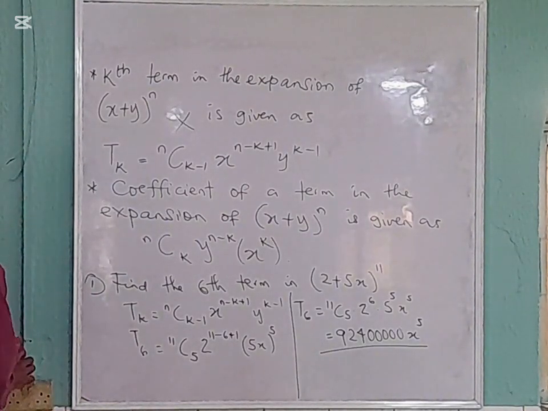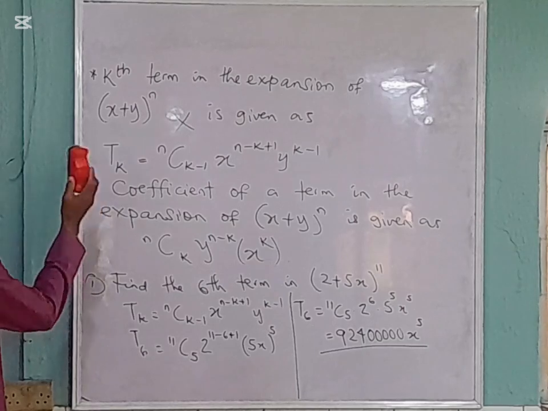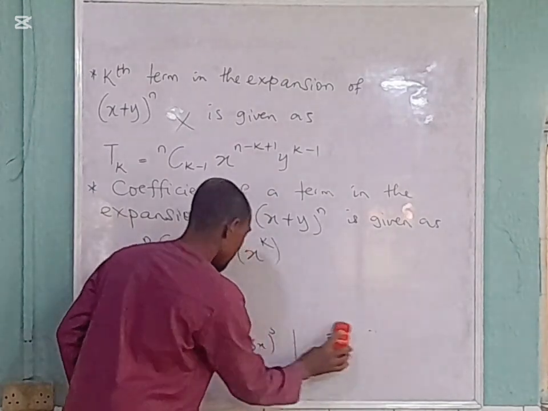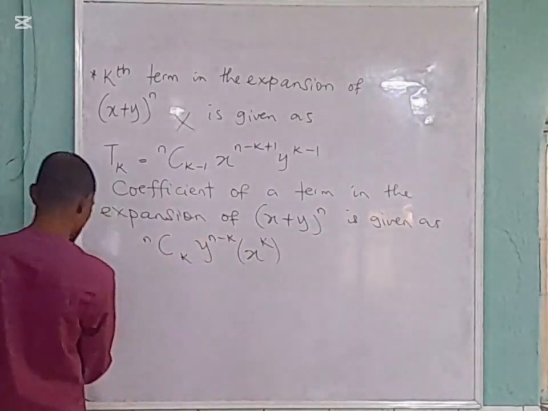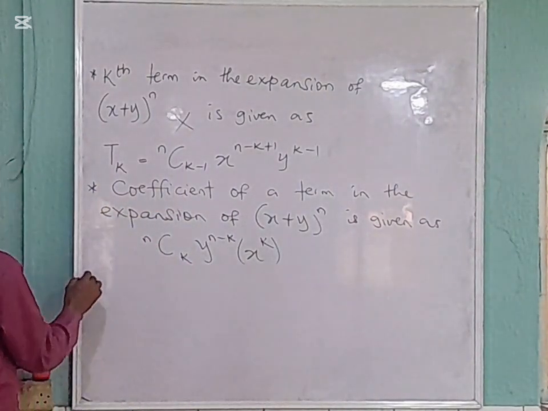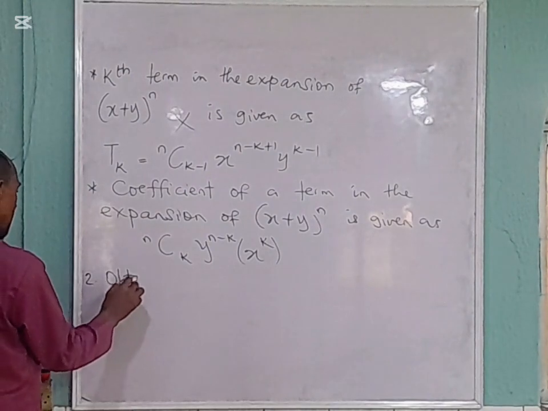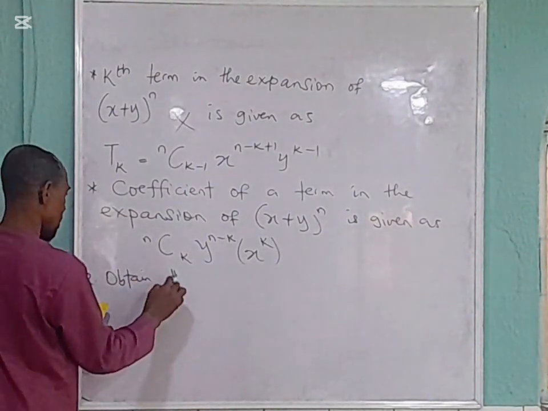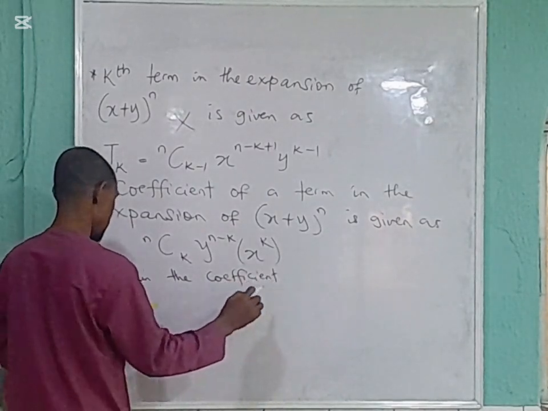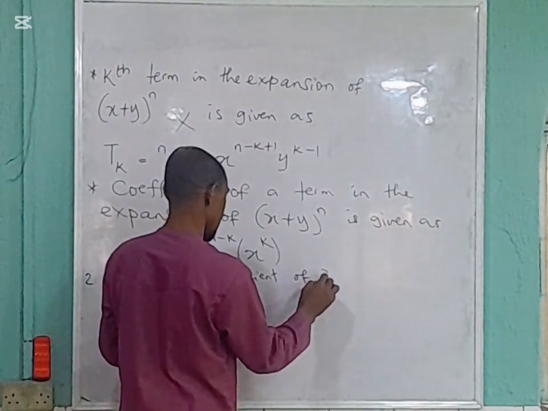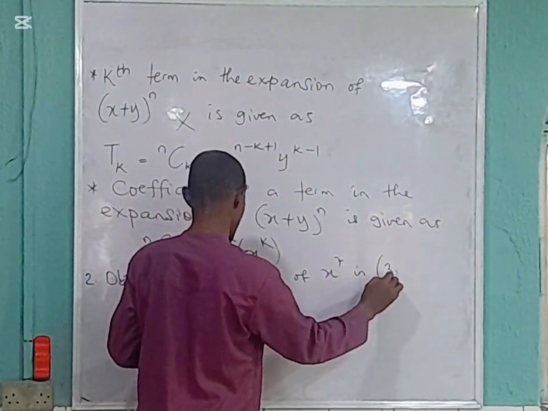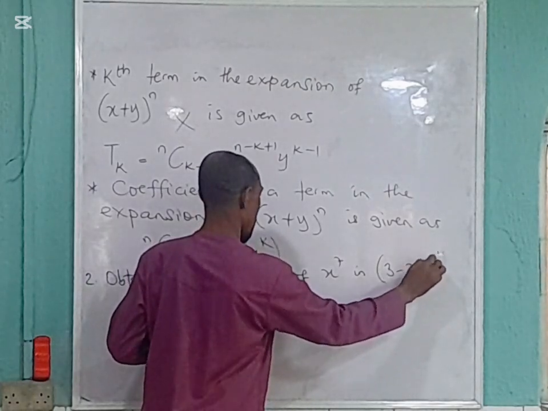Okay, so let's now take another question. There we are required to obtain the coefficient of x power 7 in the expansion of (3 minus 2x) power 10.